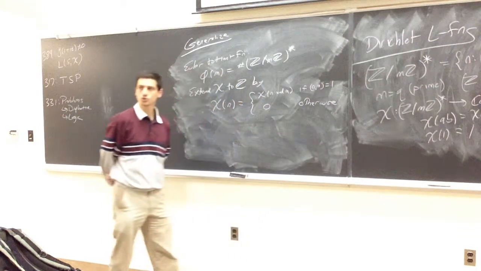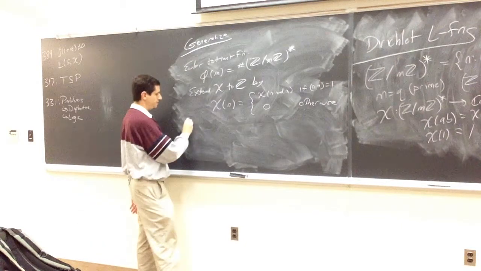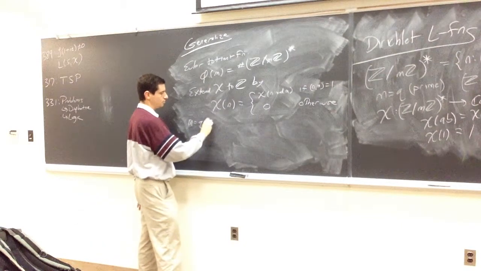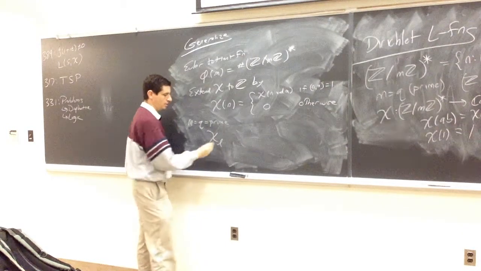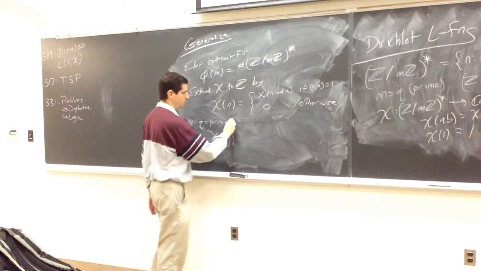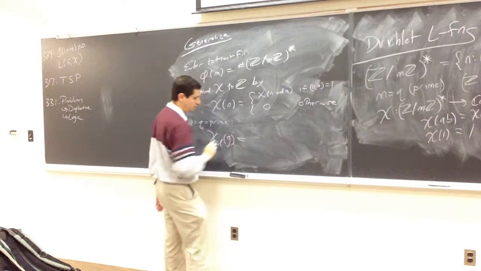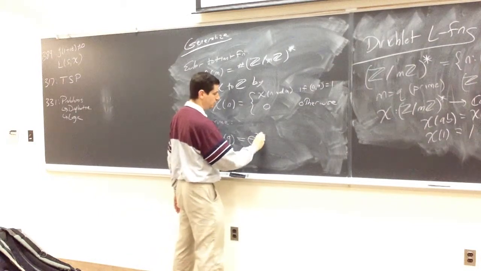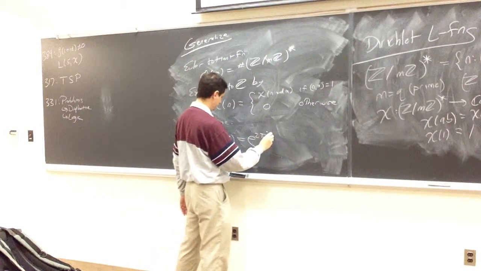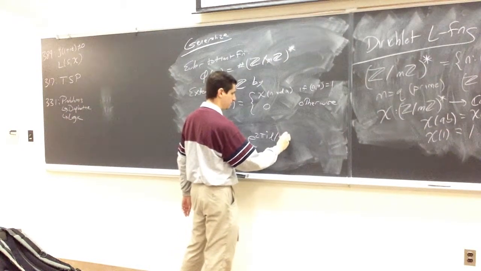And you can see that this is a good extension. It turns out if m equals q equals prime, the possible characters are all going to be of the following form. They send the generator to e to the 2 pi i L over q minus 1.